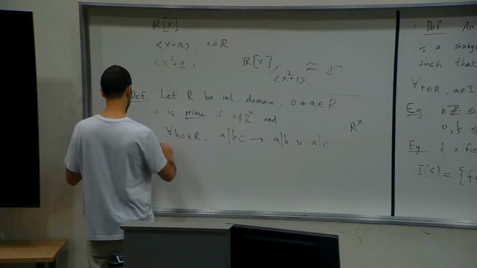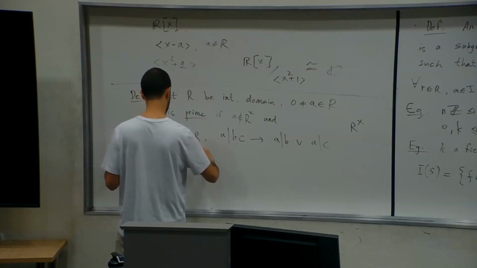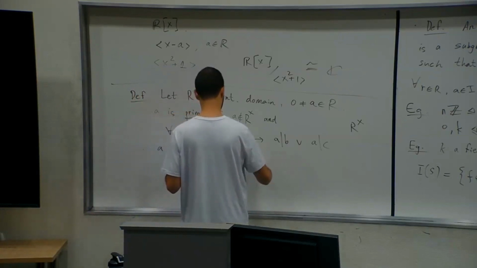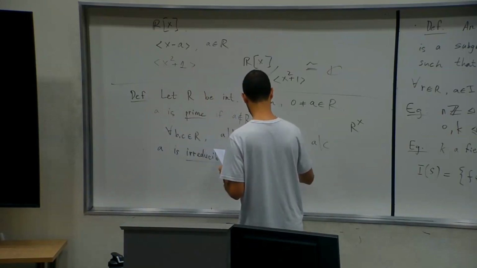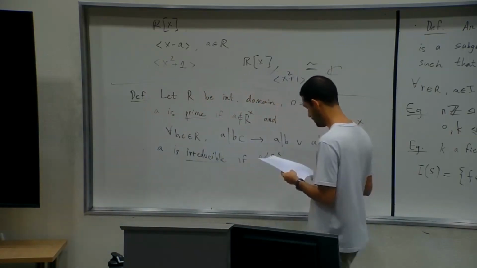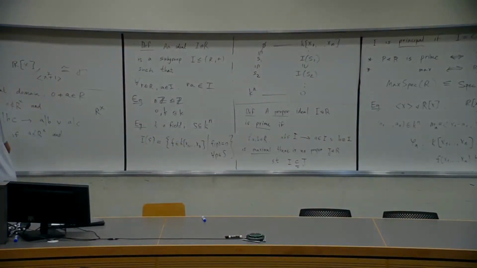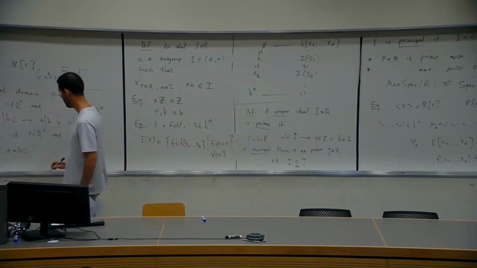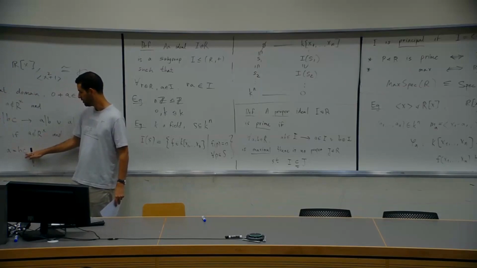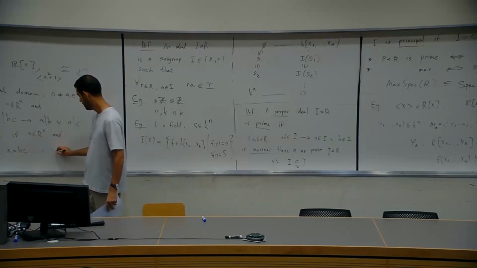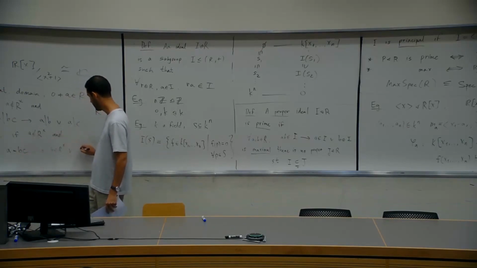And a is irreducible if again a is not a unit, and if a is the product of b and c, then one of them is a unit.